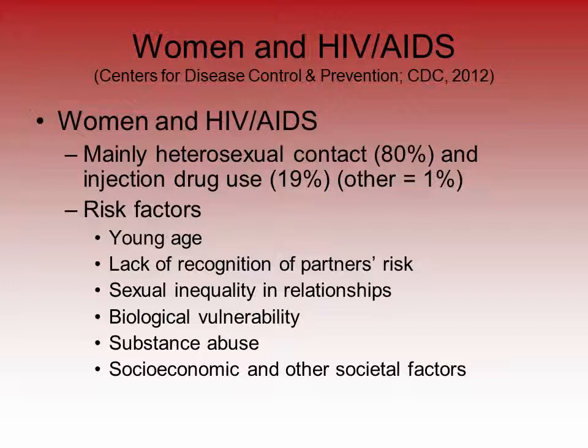And then socioeconomic and societal factors: people living in poverty have limited access to quality health care and to education, so they often aren't aware of how HIV can be spread, and what the preventative therapies are, what women's risk is when it comes to HIV, etc.